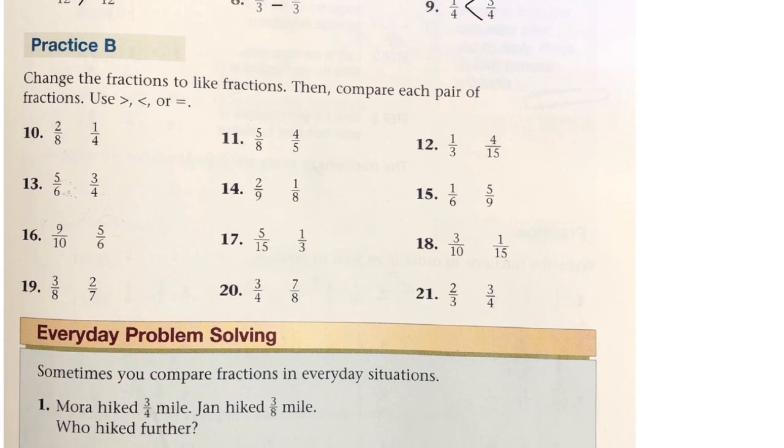For practice B, we have to change the fractions to like fractions. Then we can compare each of the fractions with the greater than, less than, or equal to symbol. For 10, we have 2/8 and 1/4.